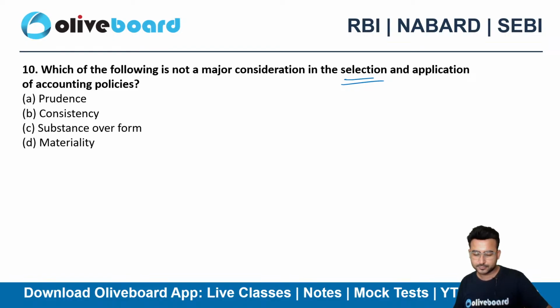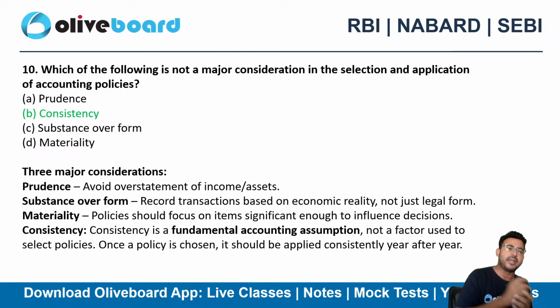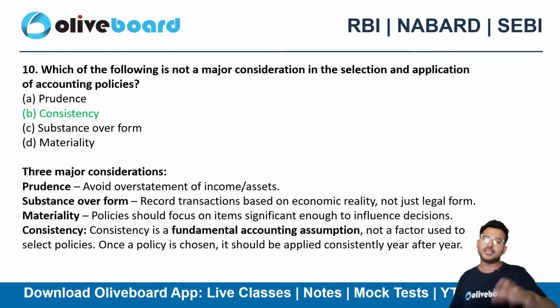Any idea? The correct choice here will be consistency. If I want to select an accounting policy, then consistency is not at all the matter. If I have already selected a policy, then consistency is a matter, because now I need to consistently apply that policy. However, consistency is nowhere regarded in the selection method.